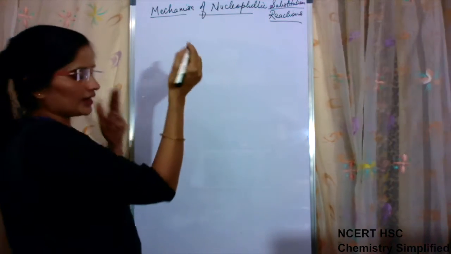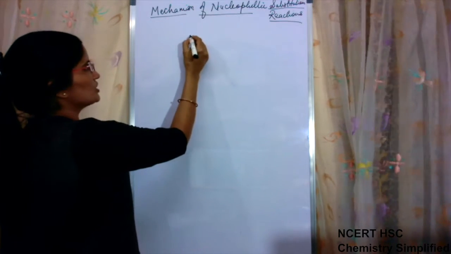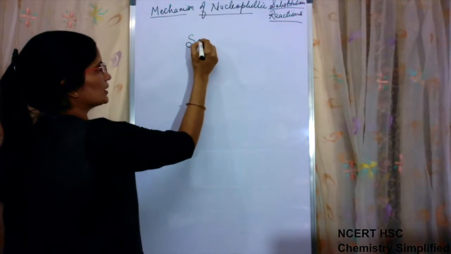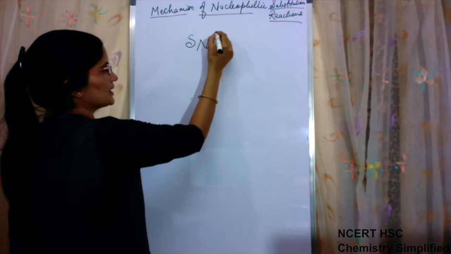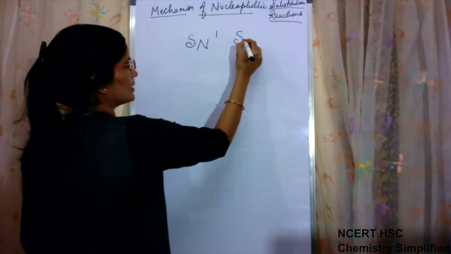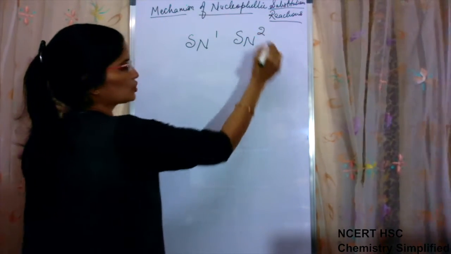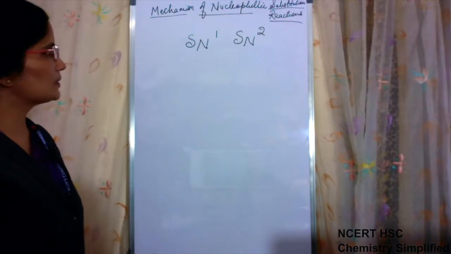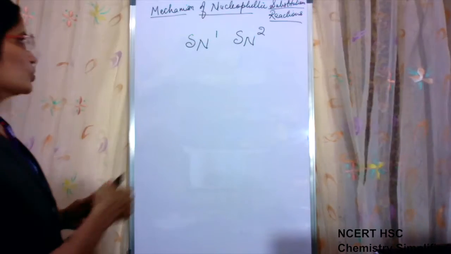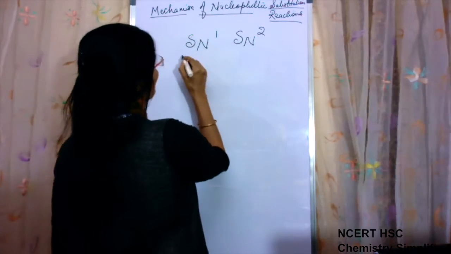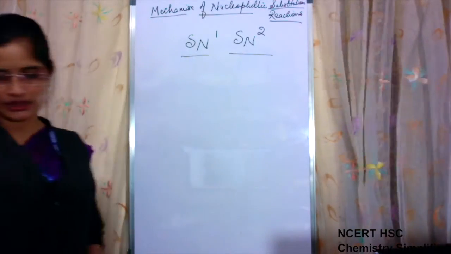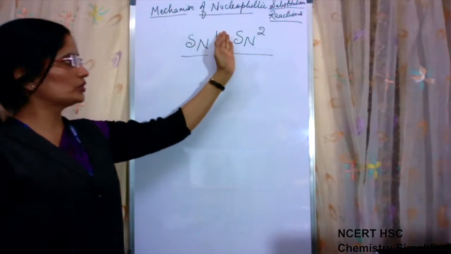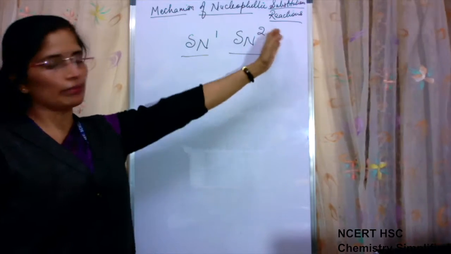I also told you that nucleophilic substitution reactions are of two types, written as SN1 and SN2. SN1 and SN2: substitution nucleophilic unimolecular, substitution nucleophilic bimolecular.